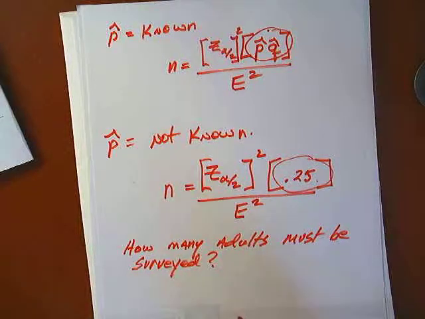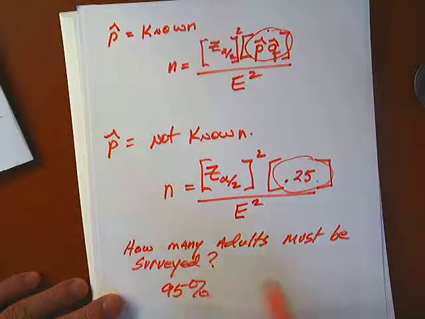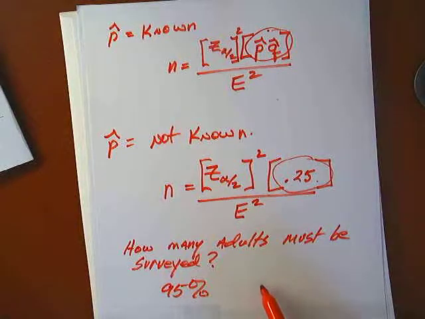Here they ask you, it says Gap, Banana Republic, and America Online are just a few of the many companies interested in knowing the percentage of adults who buy clothing online.